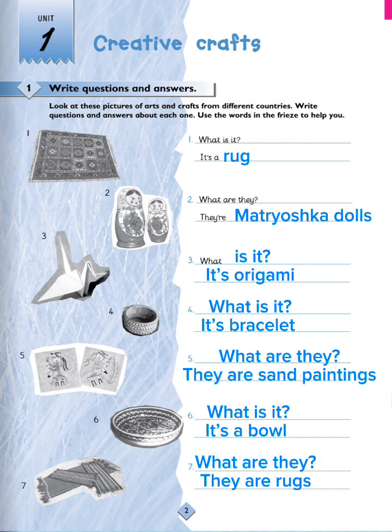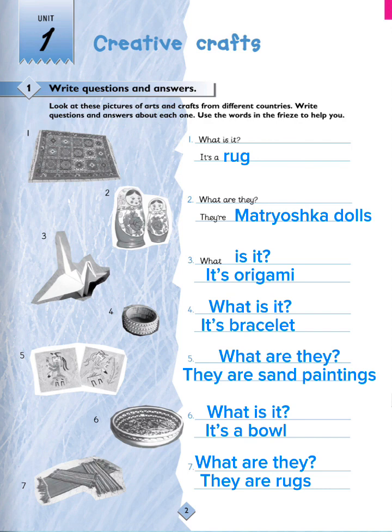What is it? It's a rug. Number 2. What are they? They are matryoshka dolls. Number 3. What is it? It's origami. Number 4. What is it?